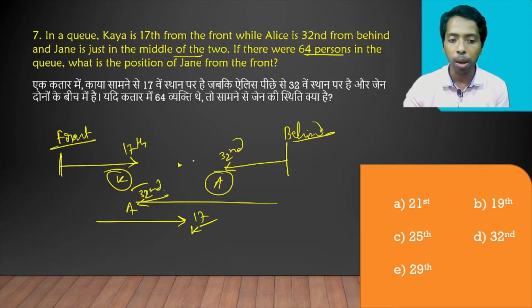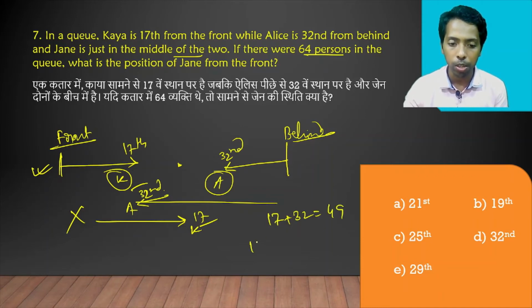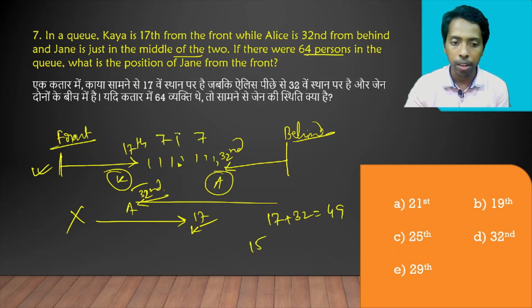So what's the total number of students in this set? That is the first condition. The second is not our case here. So 17 plus 32 is 49. What's the rest? That is 15 students in between these two. 15 students means 7, 7, 1, exactly the mid position.